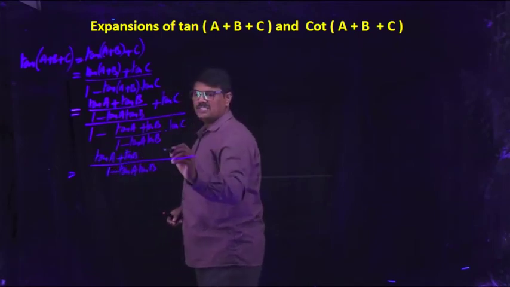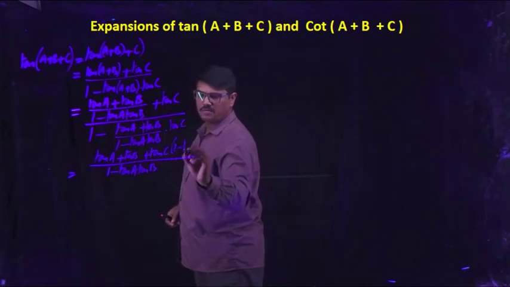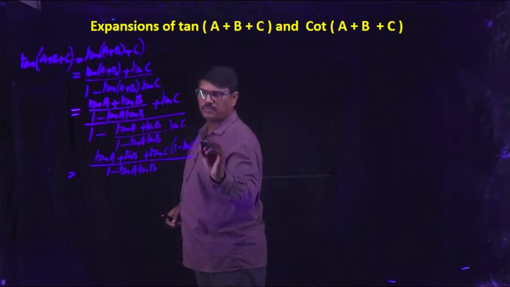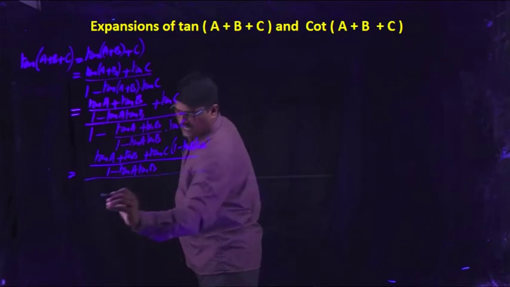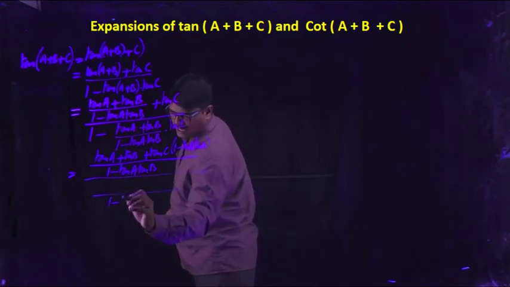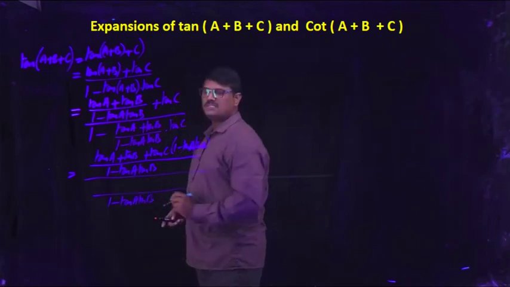After considering the LCM, tan C into 1 minus tan A tan B, over 1 minus tan A tan B, the denominator, is the LCM.